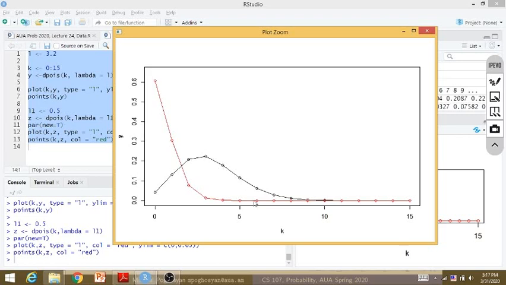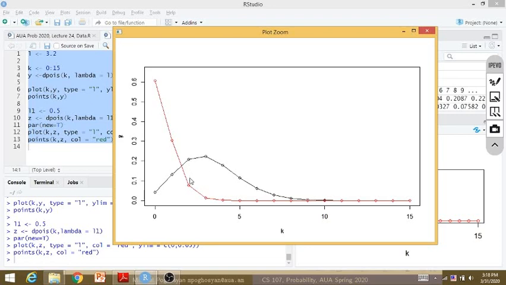Now, for the second case, when lambda is 3.2, the probabilities are concentrated around 3. The average number is 3.2. So having exactly 3 events per unit time or per unit of area is the highest.